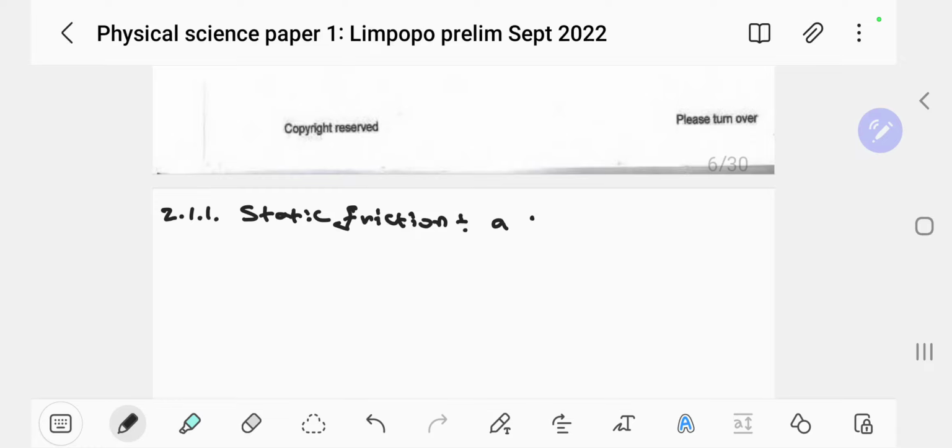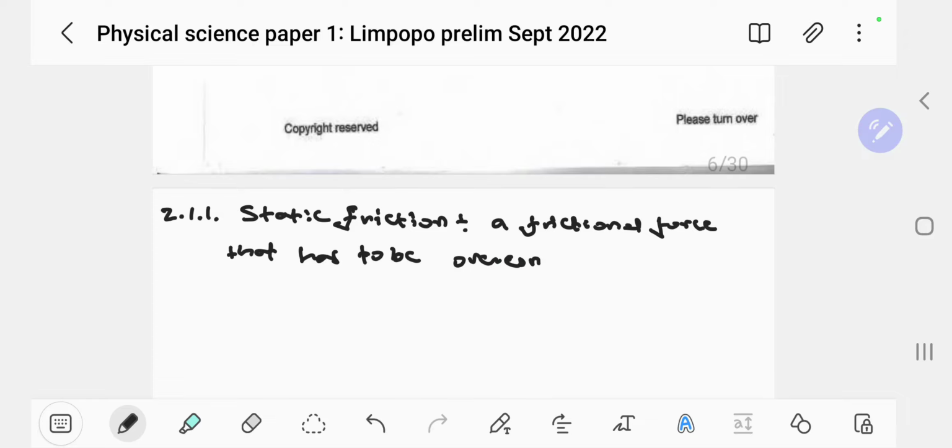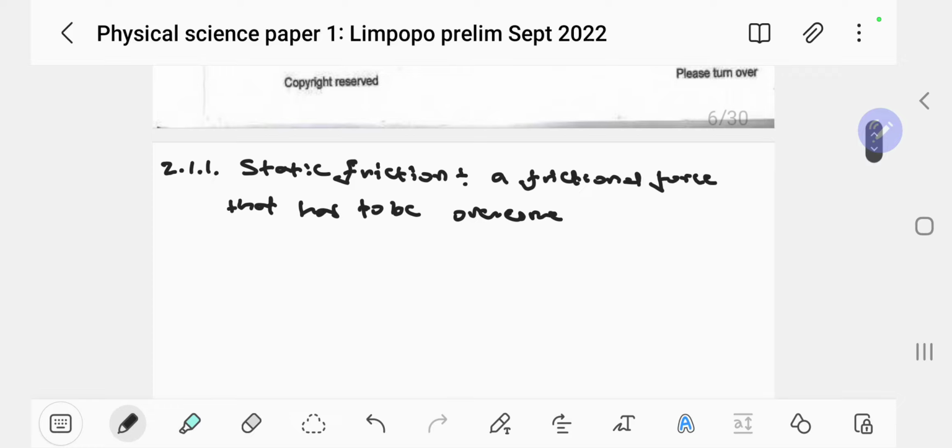It is a frictional force that has to be overcome, or that has to be opposed.